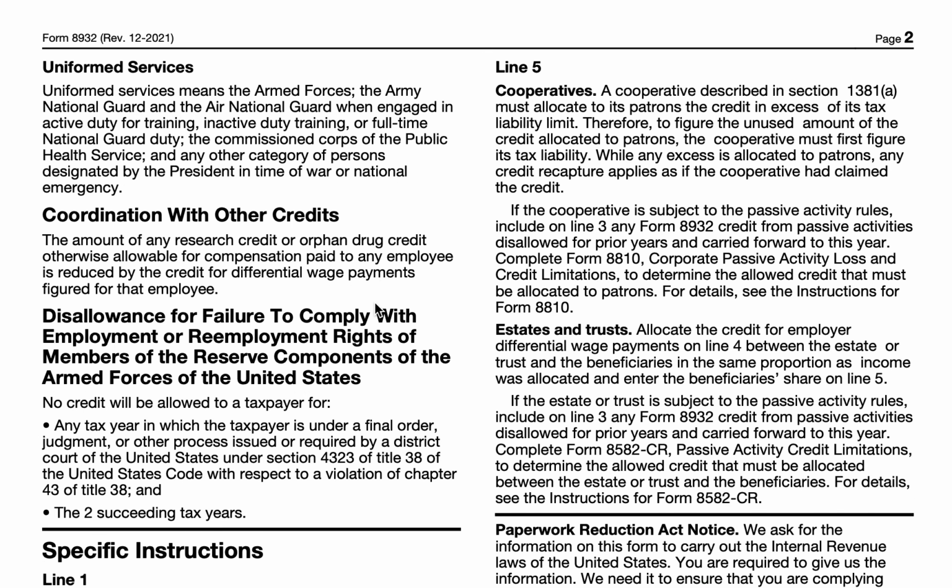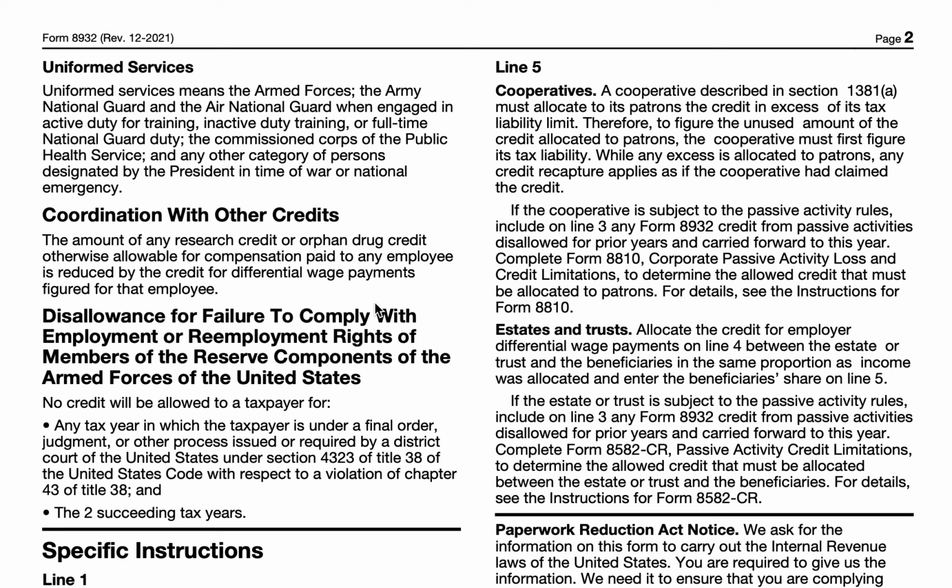And finally, there's a section of Title 38 of the United States Code, Section 4323, that basically gives certain rules of employment or reemployment rights for employers with regards to members of the armed forces, specifically reserve components.